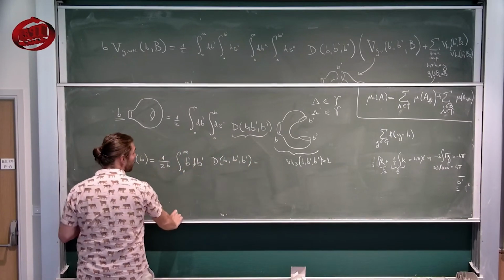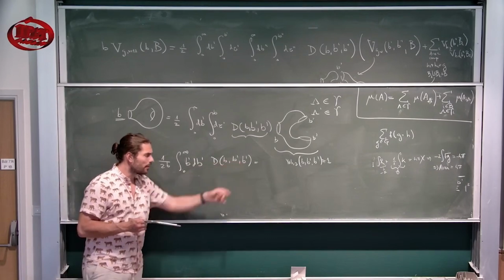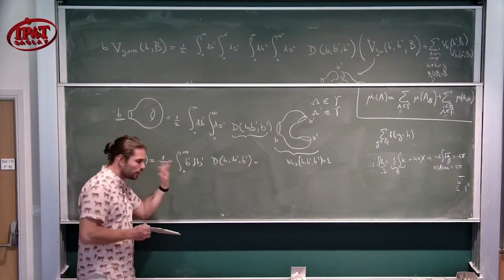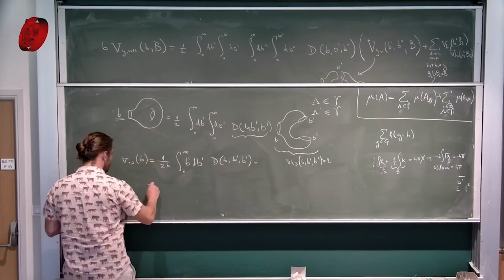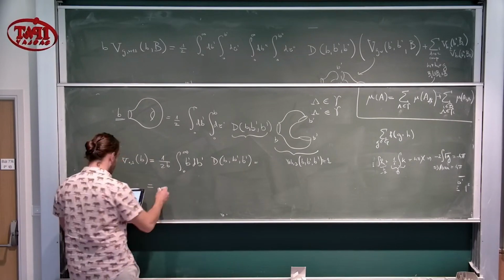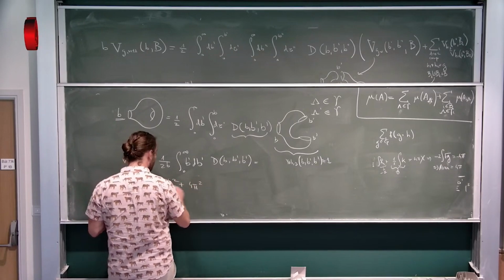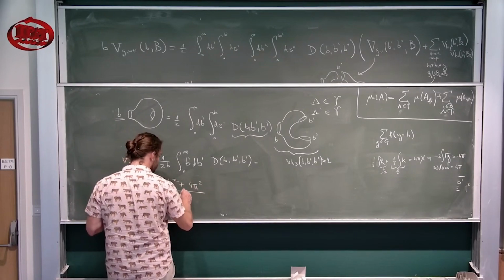So using the explicit formula that one had for d of b prime, which was related to the formula for that measure, it turns out that this can be evaluated explicitly, and one just obtains that it's (b squared plus 4 pi squared) over 48.